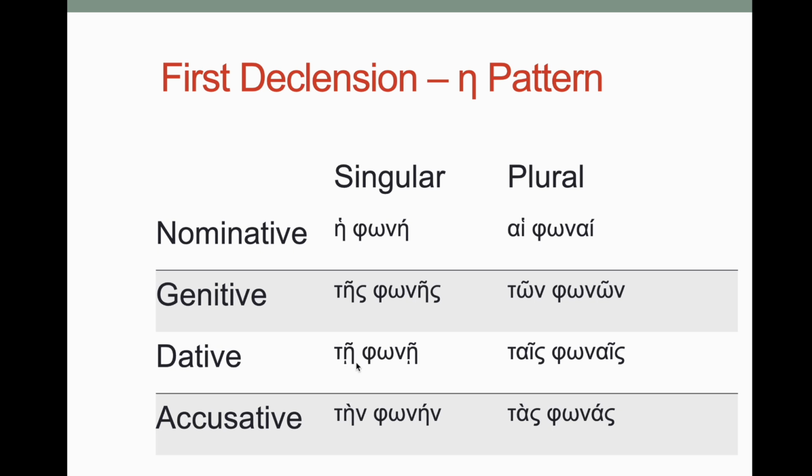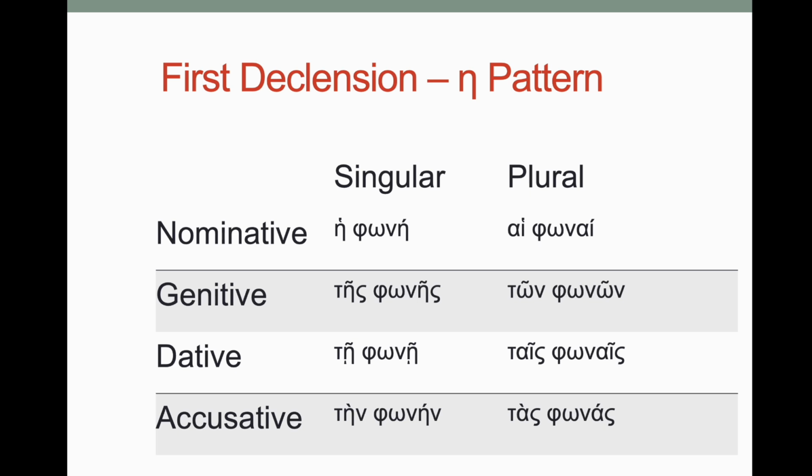Dative, te, phone, to the voice. Tais, phonais, to the voices. And the accusative, ten, phonen, and tas, phonas. The voice, the voices. Okay? So you need to learn this pattern.